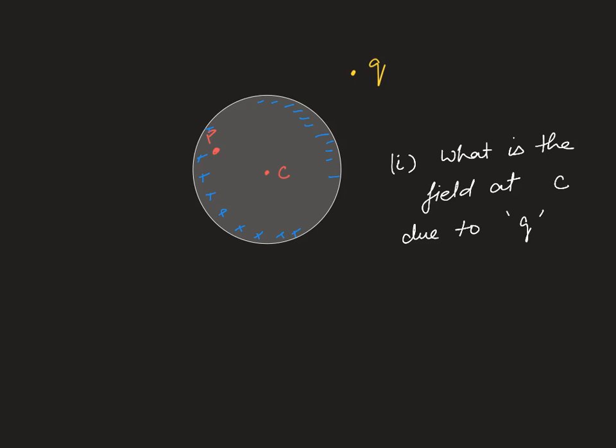We are simply talking about the field at C only due to Q. For example, if you assume the distance between C and Q to be R, the field at C due to Q is going to be KQ upon R squared, in the direction of the green arrow that I have shown.